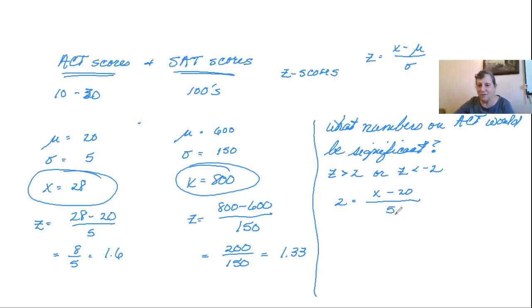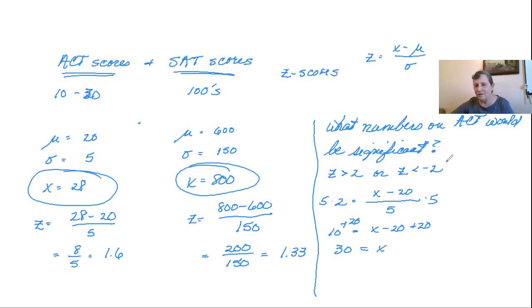If I solve this for X, I'd want to multiply both sides by 5. So I've got 10 equals X minus 20. And then if I add 20 to both sides, there's my 30.